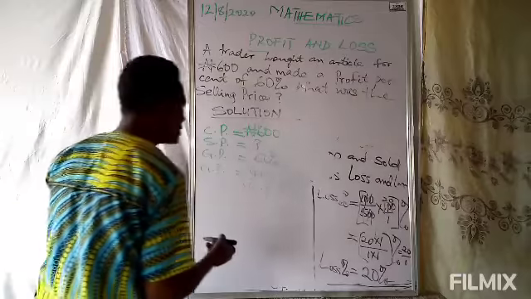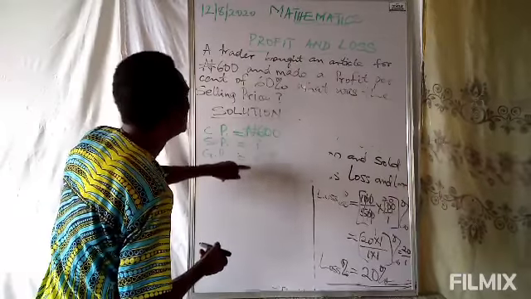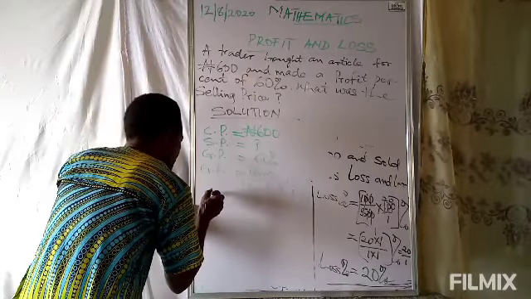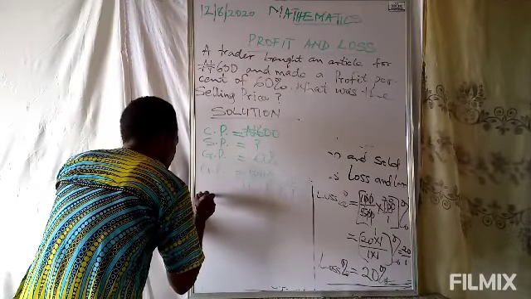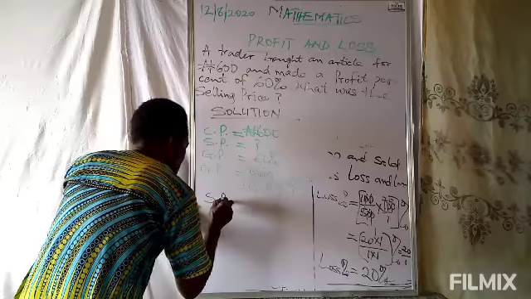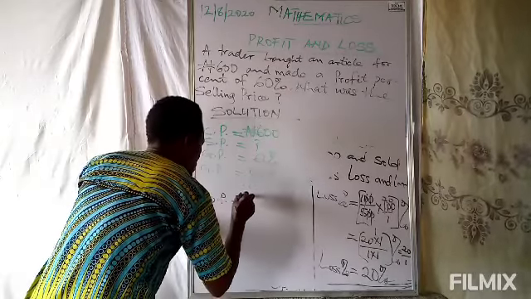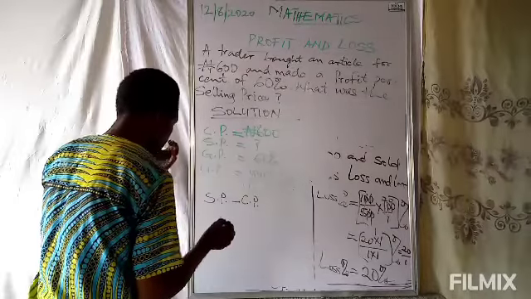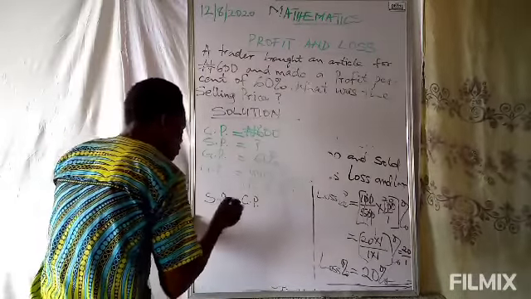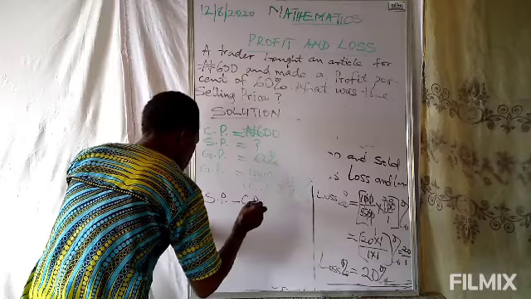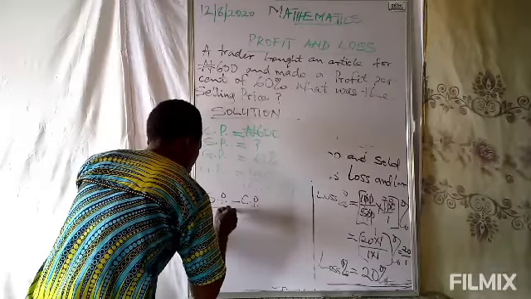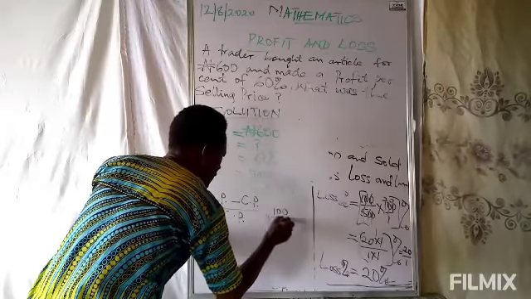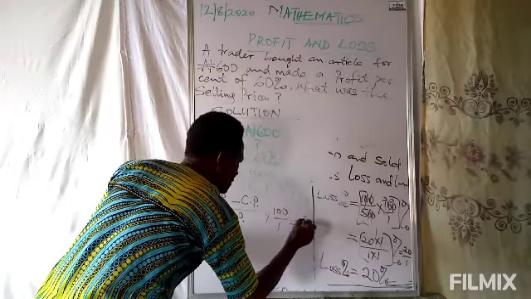So our gain, we know that our gain is SP minus cost price. That's the gain. So we now have the gain over cost price times 100 over 1. This one is equal to 60.